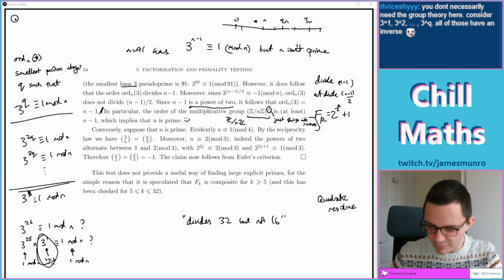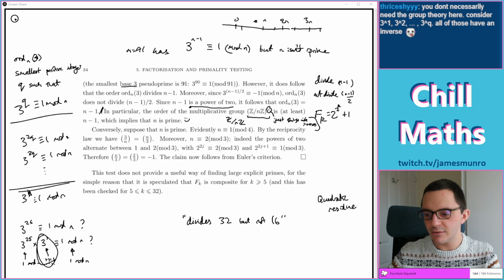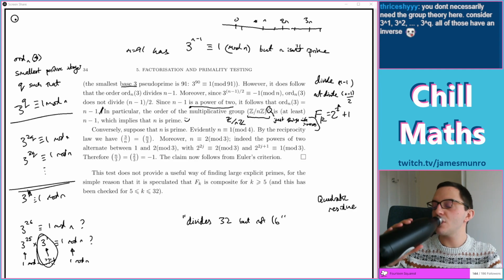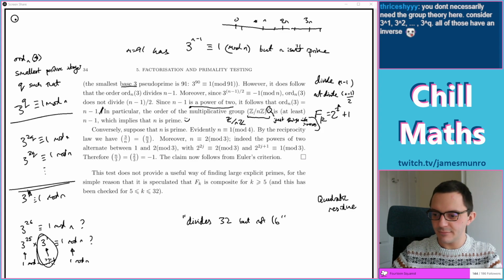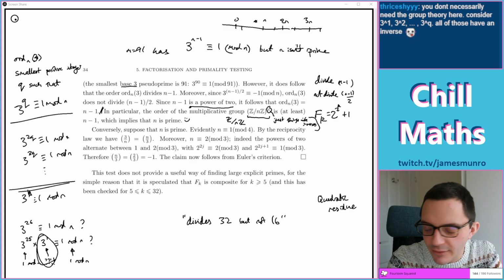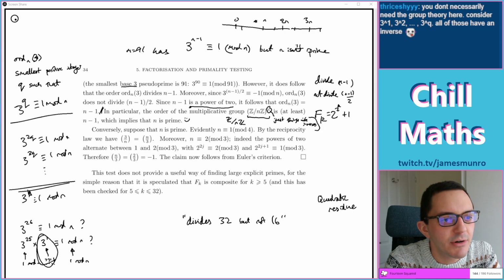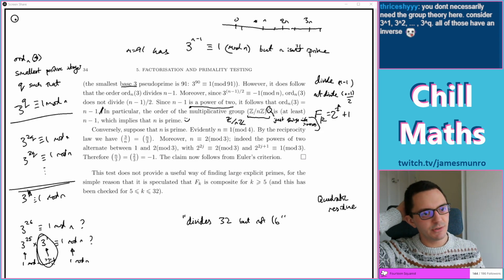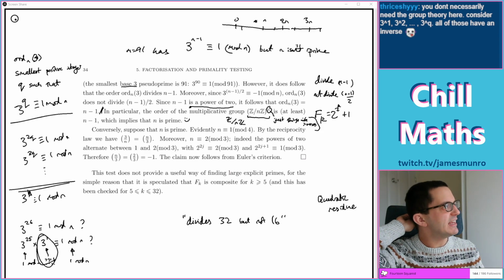Quadratic residue theory is maybe something I want to do. Wait, hang on. Thryshy is telling me you don't necessarily need the group theory. Consider 3 to the 1, 3 to the 2, 3 to the q. All of those have an inverse, where q is the order.